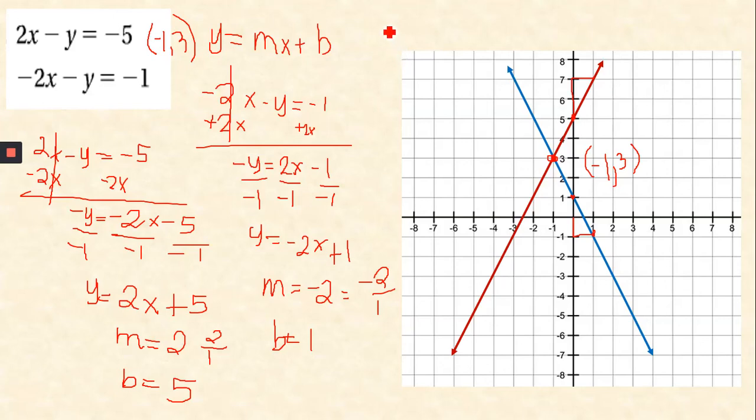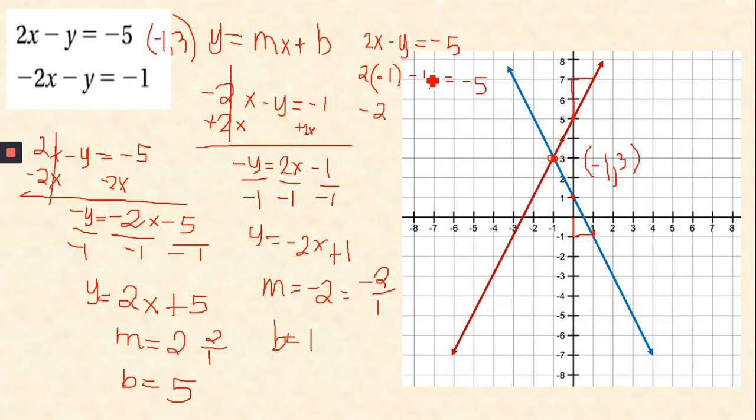Let us try to check. Checking is optional. Let us just try to see if the solution is really negative 1, 3. You're going to substitute your x and your y in the two equations. So the first equation is 2x minus y equals negative 5. So 2, your x is negative 1, minus y equals negative 5. 2 times negative 1, that is negative 2.